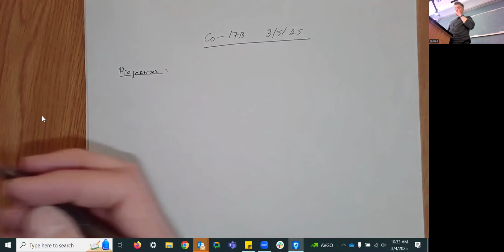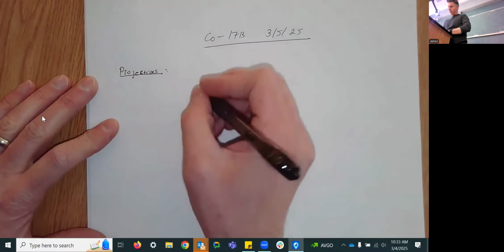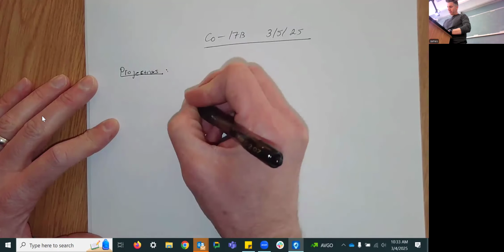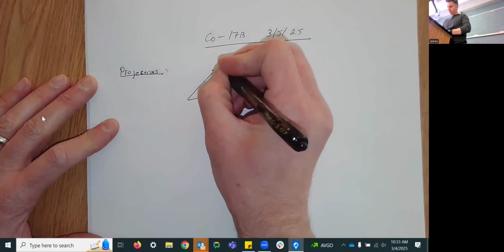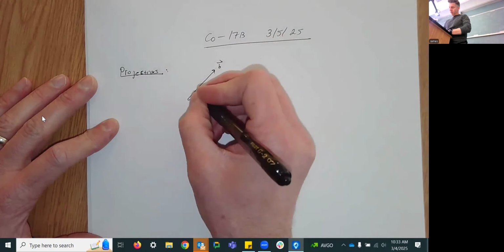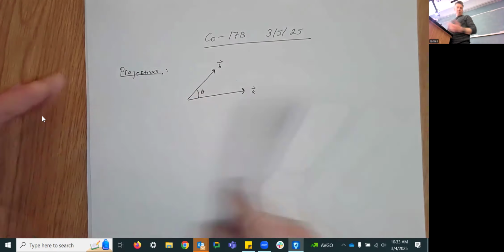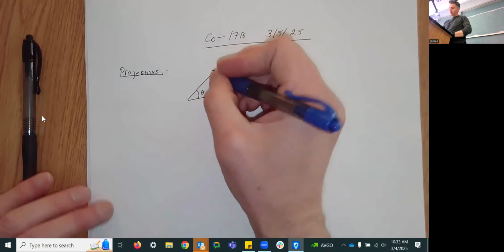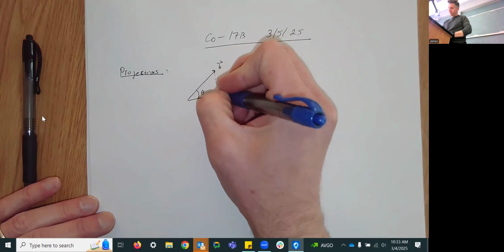So here's the idea. When you're finding a projection, you've got essentially two vectors, A and B, and there's some angle between them. And the idea is that you're essentially just dropping one vector down onto the other. You're dropping a perpendicular.